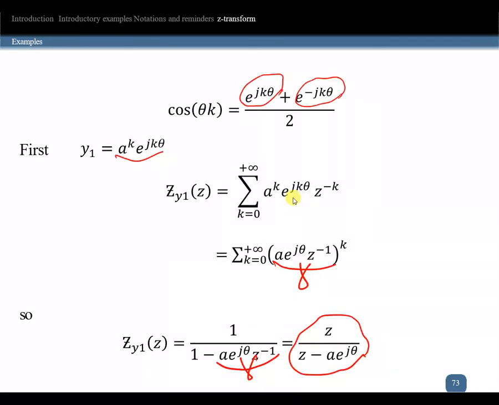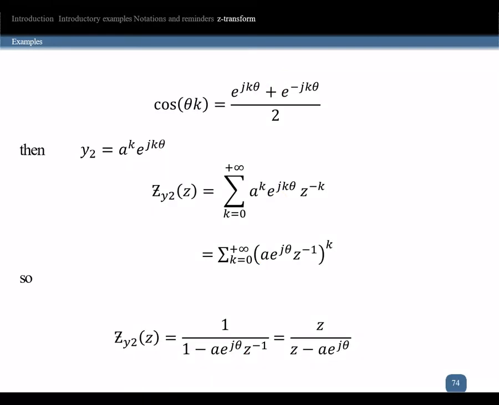Here they put e^(-jθ), or here is e^(jθ). Here the same, but here it should be e^(-jkθ). Here it becomes e^(-jkθ). Here it becomes minus, and here will be e^(-jθ). Here will be minus. Okay.